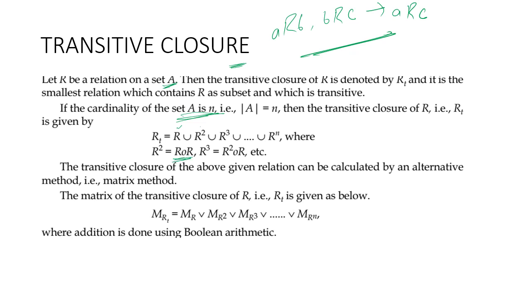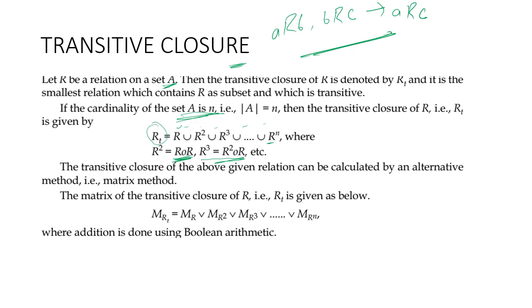R composed with R. What is R cube? R square composed with R, and so on up to R to the power n. Then you take the union of all these relations, and once you do, you get the transitive closure.